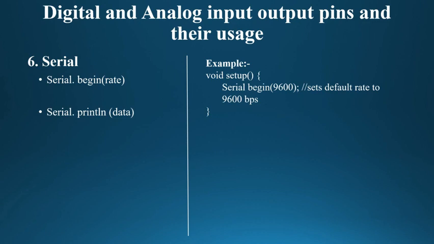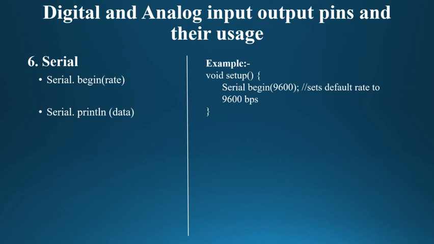Whenever this statement is executed, the serial monitor will automatically be opened so that we can read the value from the sensor which will be displayed. Then Serial.println of data will just display the values. So Serial.begin will open the serial monitor, and Serial.println will print or write the values.